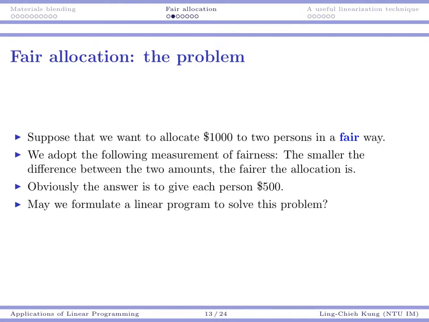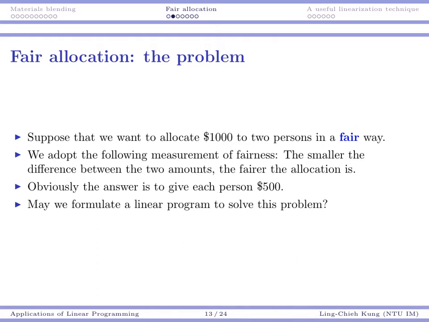Okay, but in general, you may have a more complicated problem. For example, you may have multiple resources to allocate. Okay, you have cash, you have some derivatives, or you have some houses. You have some goods to allocate to multiple entities or persons.